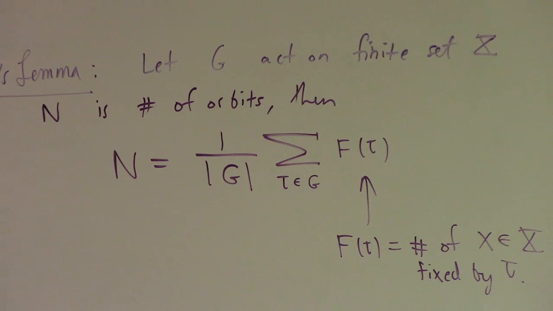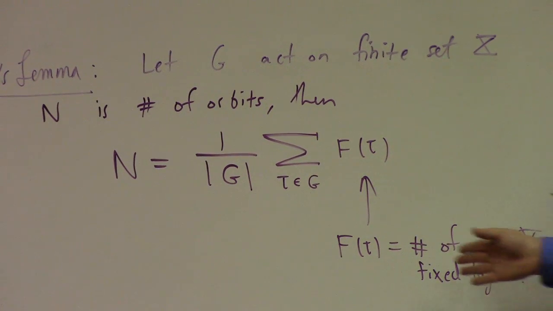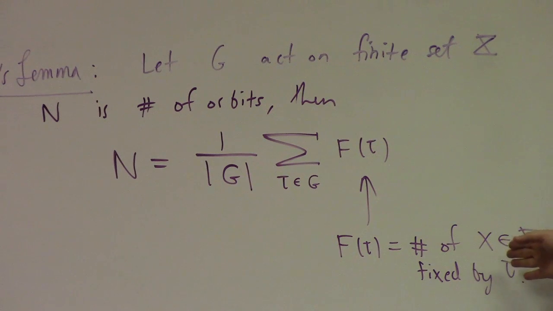And so what he points out is that the number f sub tau i, the number of x in the set which are fixed by tau i, is the number of ones in the ith row of the array. So the sum over the group elements of f of tau is the total number of ones in the table.